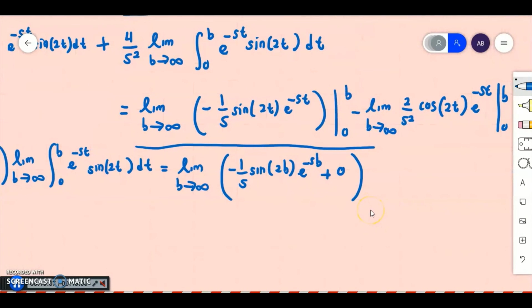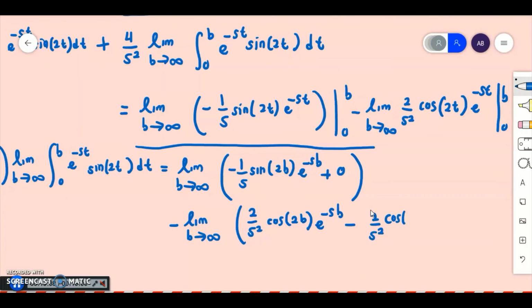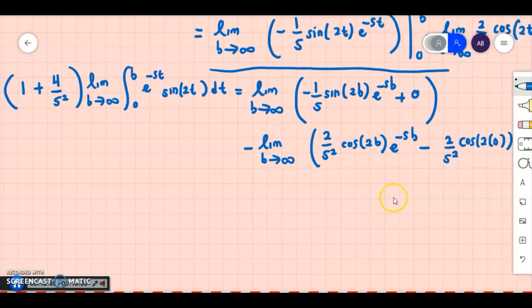And then we have the second part, which is this one, minus limit b approaches infinity 2 over s squared. Now when t is b, I have cos 2b e to the negative sb, again minus, so my minus in the front, so I'll just put minus here, 2 over s squared cos 2 times 0, e to the negative 0.